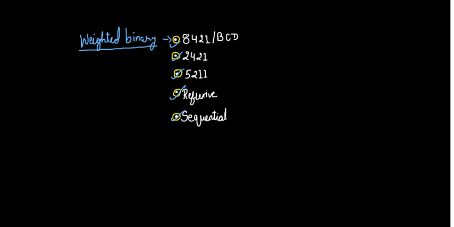Well, so how do we determine that? Well, in the weighted binary code, these codes which obey the positional weighting principles, each position of the number represents a specific weight. To elaborate that, let's understand it with an example.